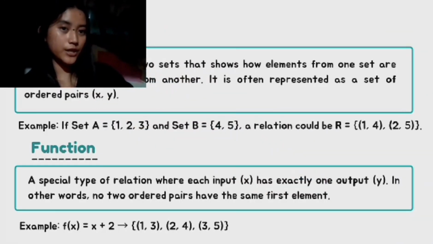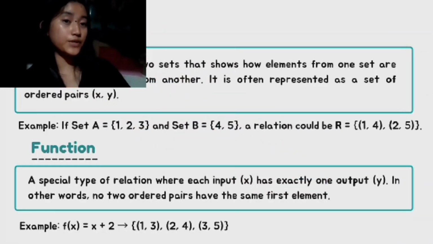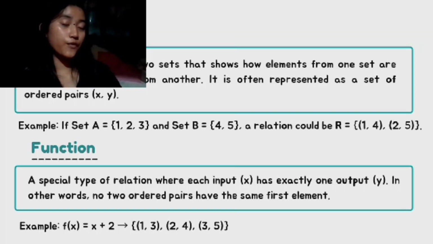Next is function. A function is a special type of relation. It is special because each input should have exactly one output. In other words, no ordered pairs have the same first element.